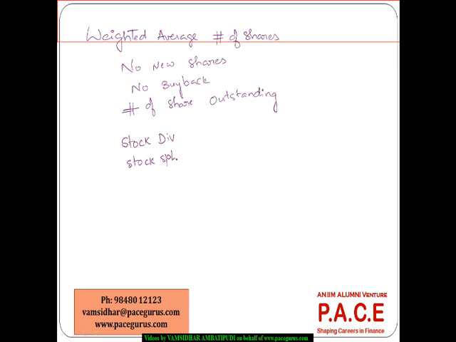If either of these two has happened, then the number of shares are growing in both cases, but the percentage of ownership is typically not changing. Right? In both these cases, the percentage of the ownership is not changing.